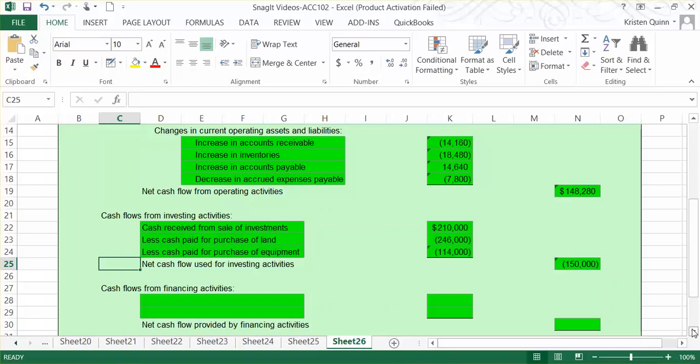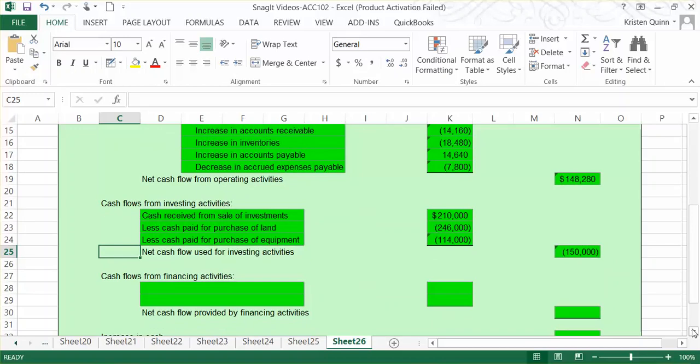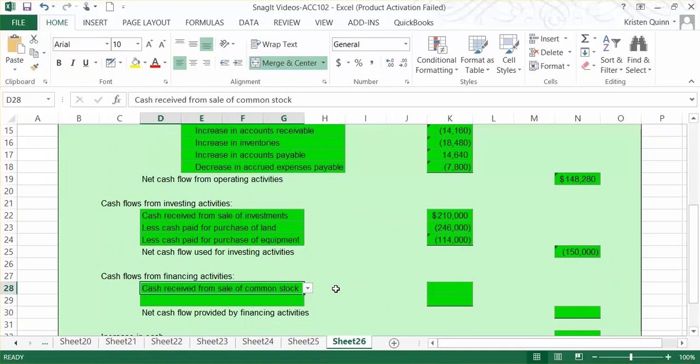Again, we want to put our inflows before our outflows of cash. So we have our cash that we've received from the sale of our common stock. Recall from chapter 13 that when we sell stock, we have to record it at its par value.